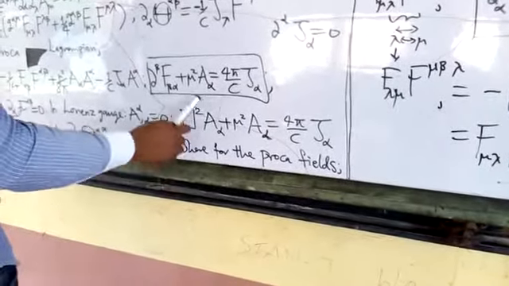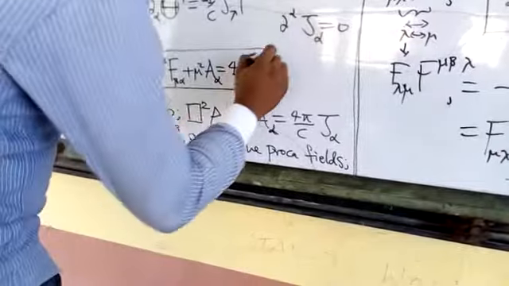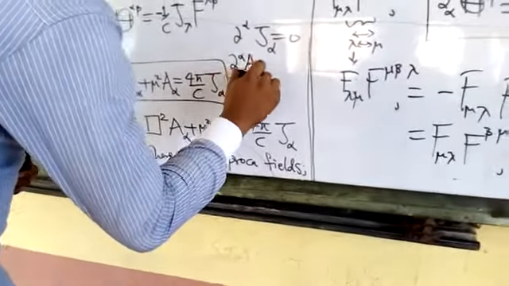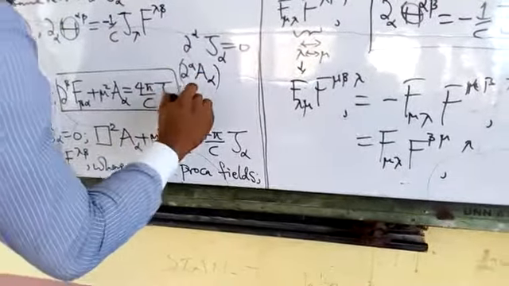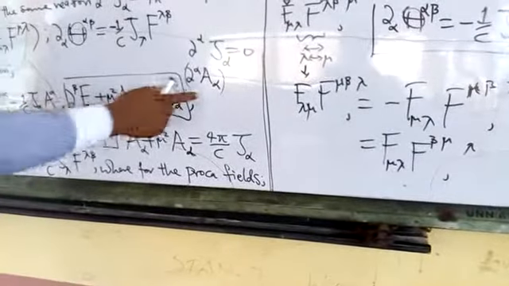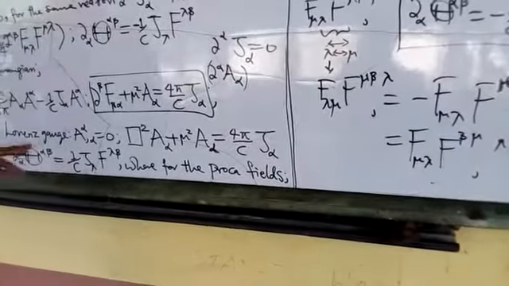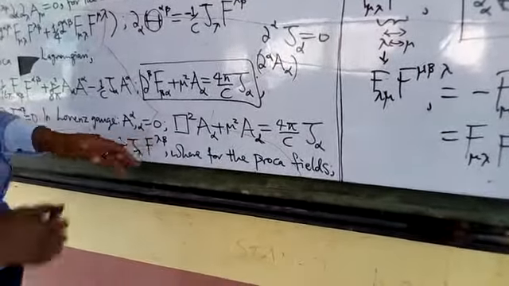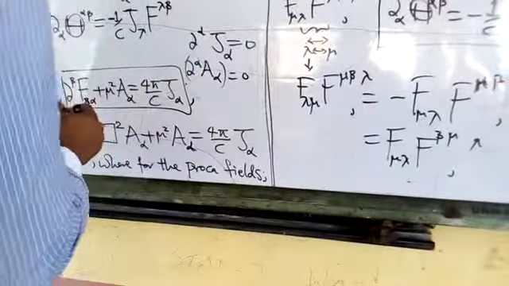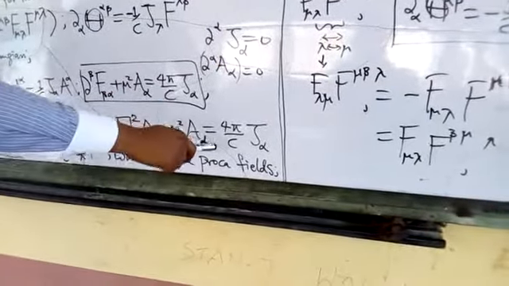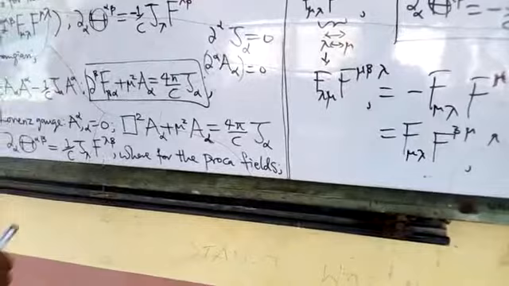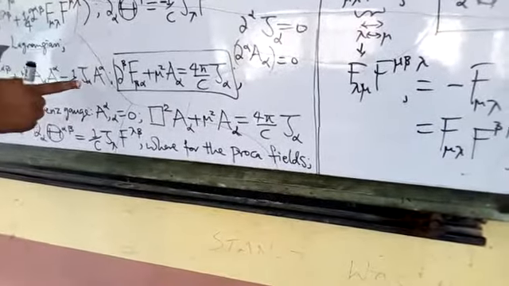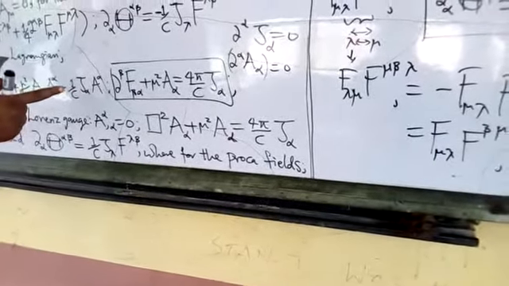And if it commutes with the D'Alembertian, in the end I'm going to get something like this, the box of A alpha, and this time another, the partial alpha of A alpha. Since we're assuming the Lorentz gauge, which implies this is equal to 0, that implies that that is also equal to 0. So the current density, in this case, is still conserved for the Lorentz gauge. We just have to keep that in mind.